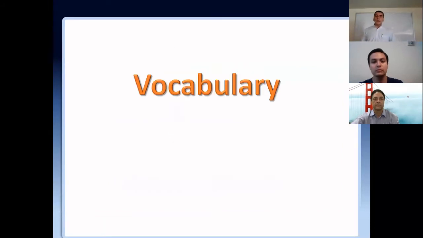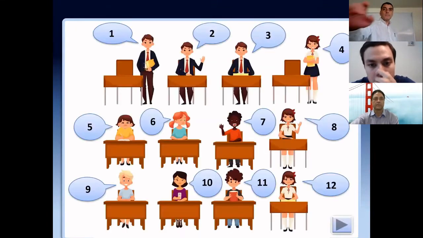Let's start by looking at exercises that you can use to give students practice in the vocabulary point of our lessons. So here's our class. Let me start by asking, what types of vocabulary exercises do you know?